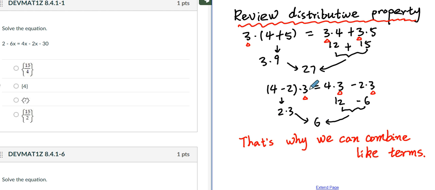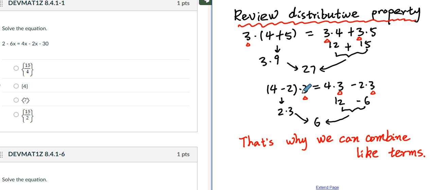We can also distribute this 3 to 4 and this 3 to 2. Then 4 times 3 is 12, and 2 times 3 is 6. We do the subtraction. 12 minus 6 is also 6. That's the distributive property.